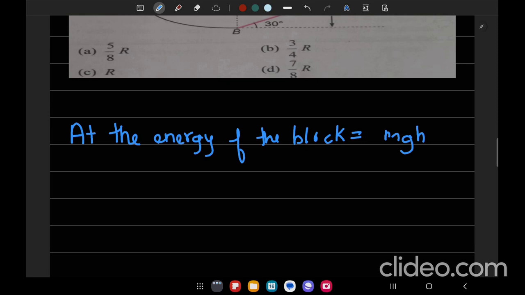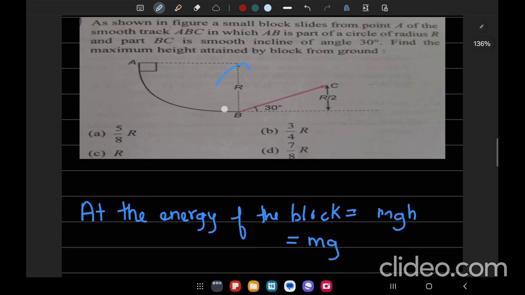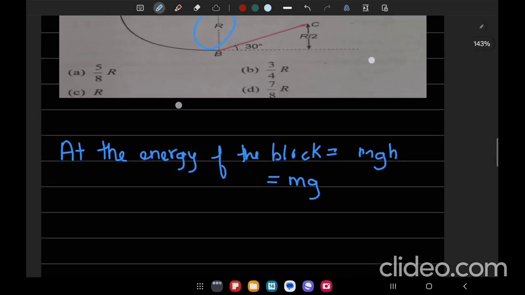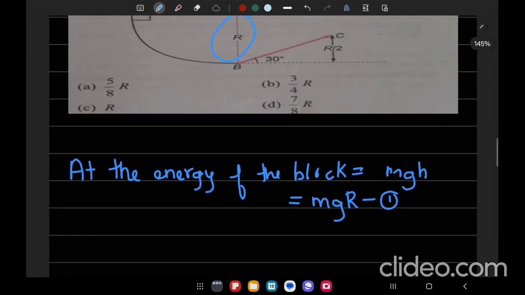Now here we can say that m is the mass of the block, g is the gravitational acceleration, and we can clearly see that h is r. So let's substitute the value. It becomes this. Now we'll find the energy at this point.